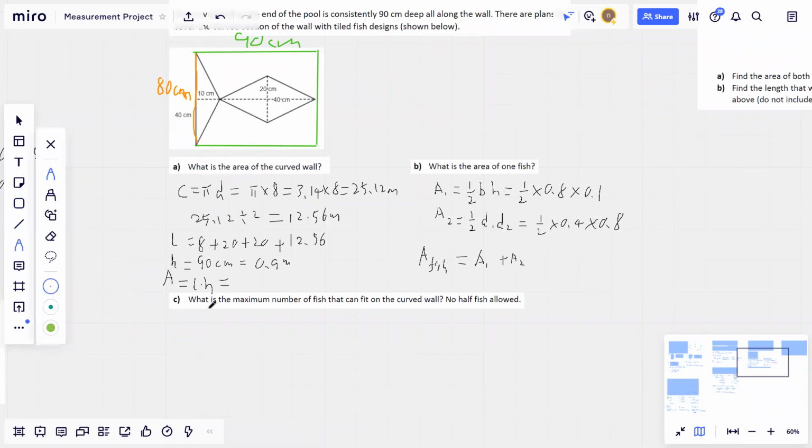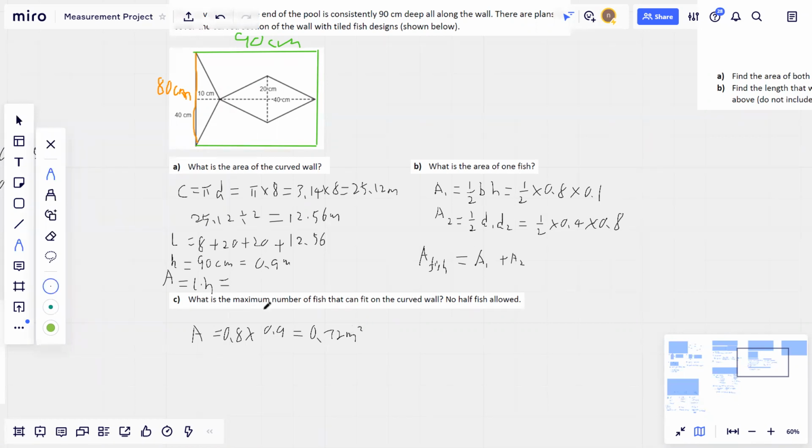So for one rectangle, I just put area here. The area of one fish will be 0.8 times by 0.9. That gives you 0.72 meter square.